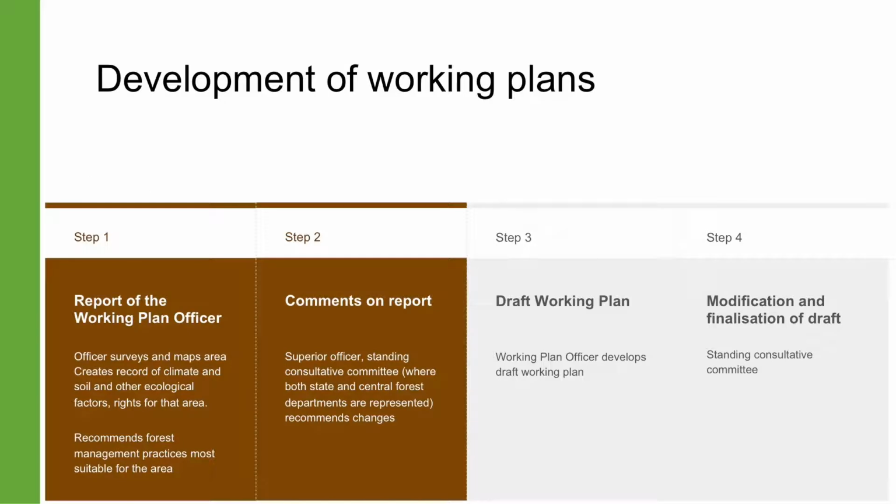The members of the Standing Consultative Committee, and in particular the RAPCCF, examine this draft and provide their comments. The draft is modified in accordance with the opinions accepted in the meetings of the committee and is then sent to the RAPCCF by the state government through its forest department. Once the RAPCCF approves it on behalf of the MOEF along with any suggestions, directions and modifications, the plan can be considered final.